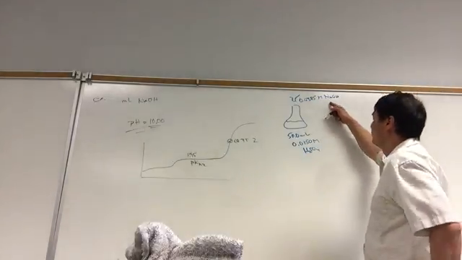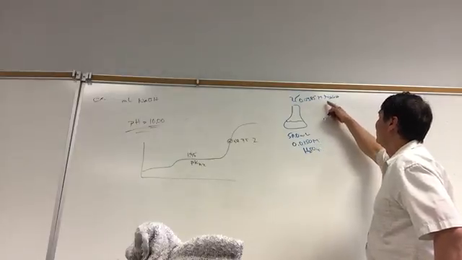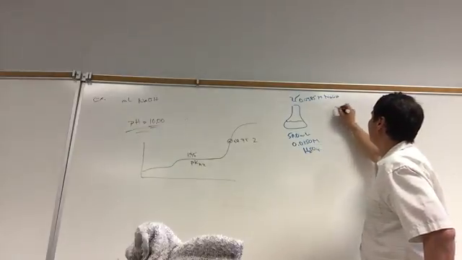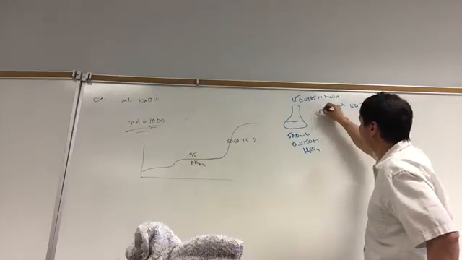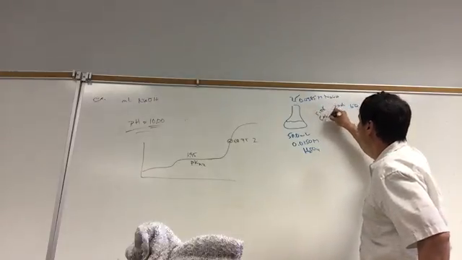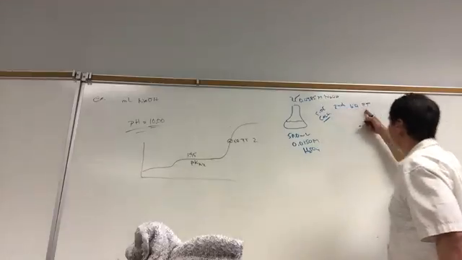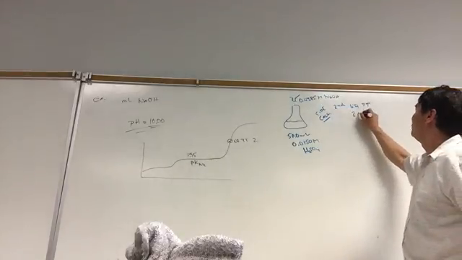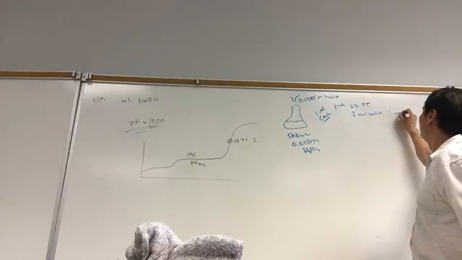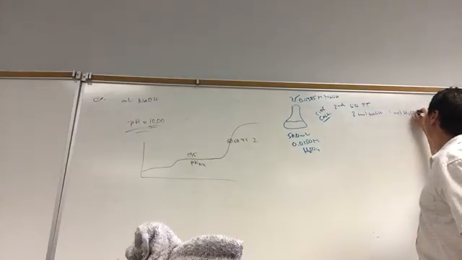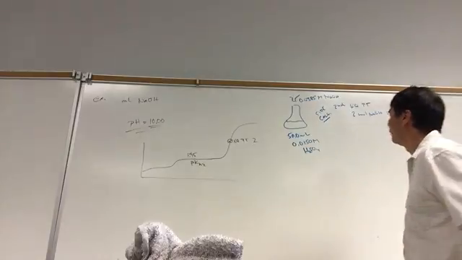In order to figure it out, this would be a side calculation to figure out the volume. At the second equivalence point, I have 2 moles of NaOH for every 1 mole of H2SO4, and so this is the mole ratio here.